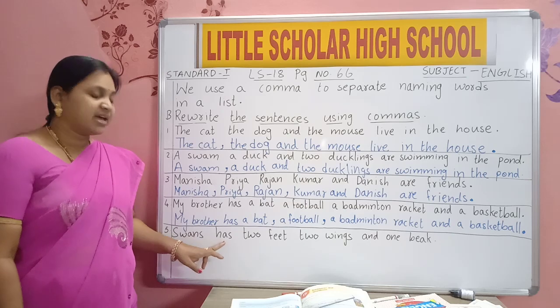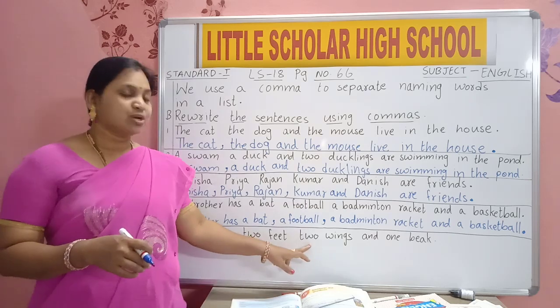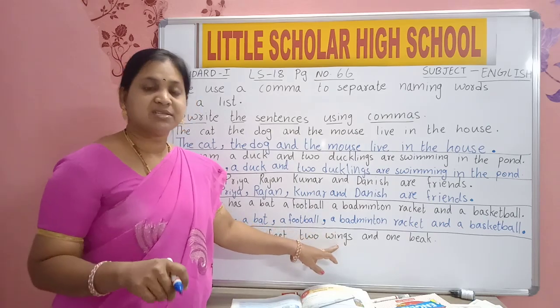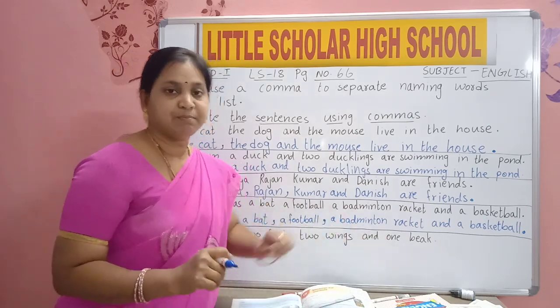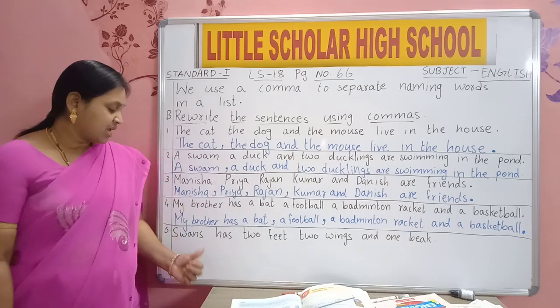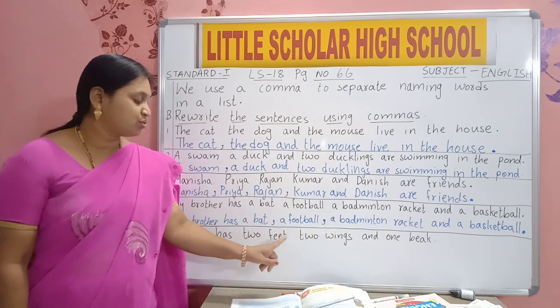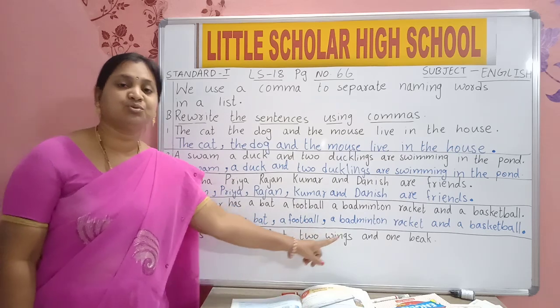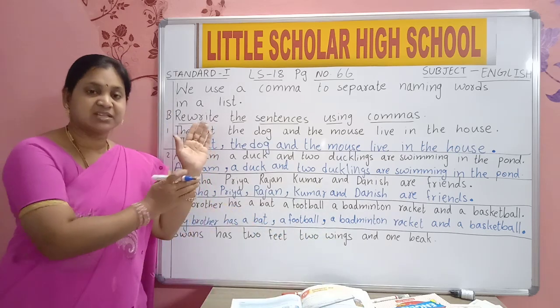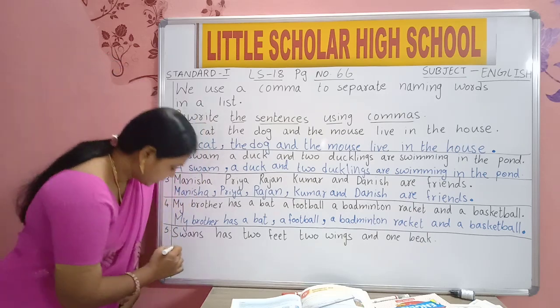Here where should we put a comma, tell me? Swans have two feet, comma, two wings. To separate two feet and two wings, we should put a comma in between.